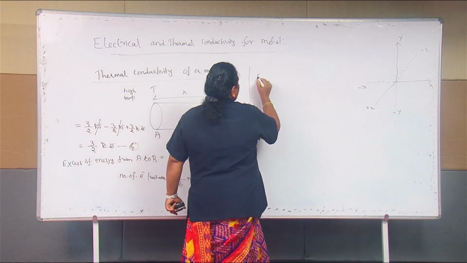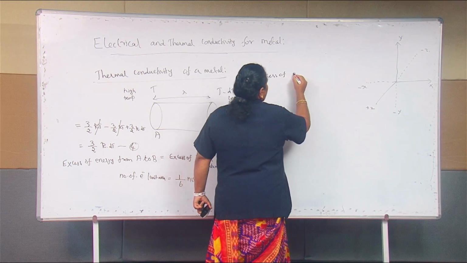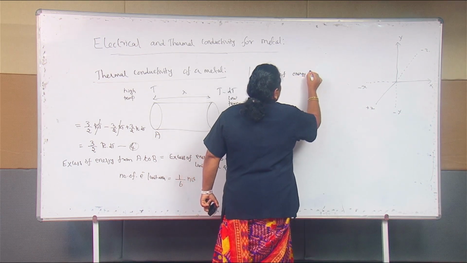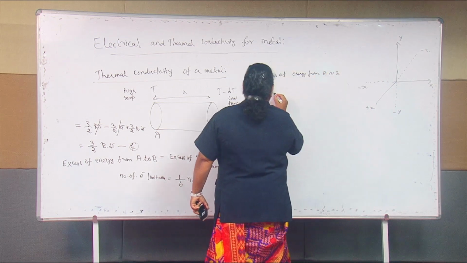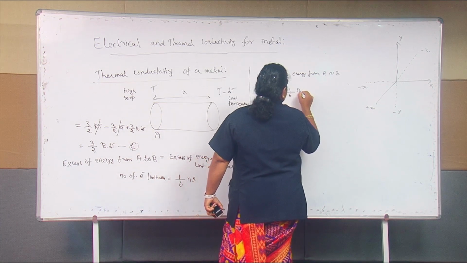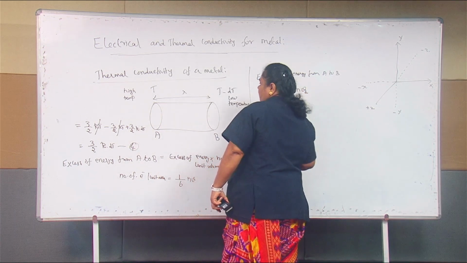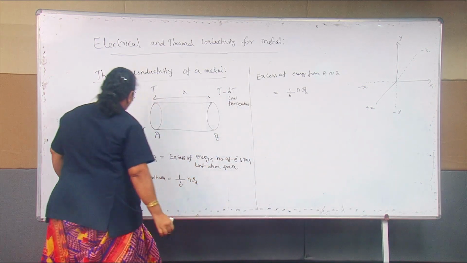When you multiply by these two parameters, we get the excess of energy. So the excess of energy from A to B can be written as 1 by 6 n into, wherever we have written V, please mention it as drift velocity.